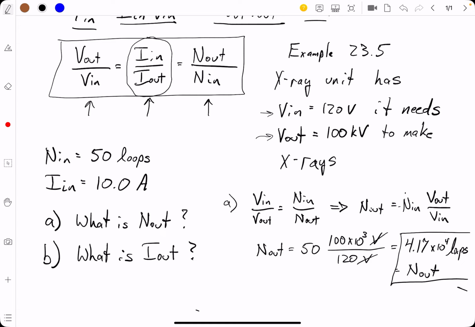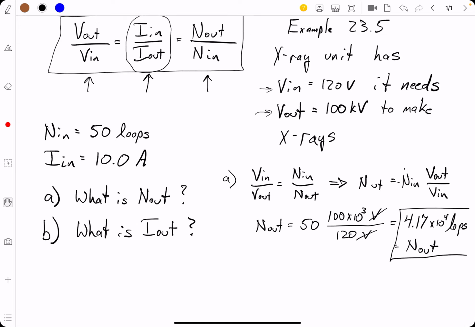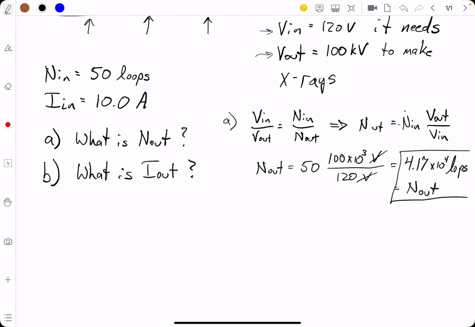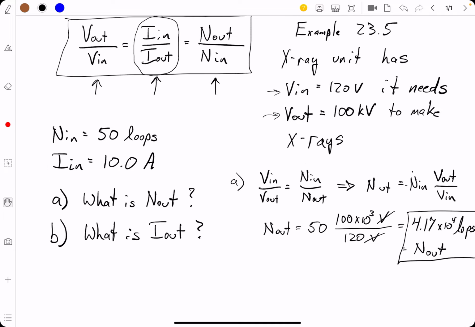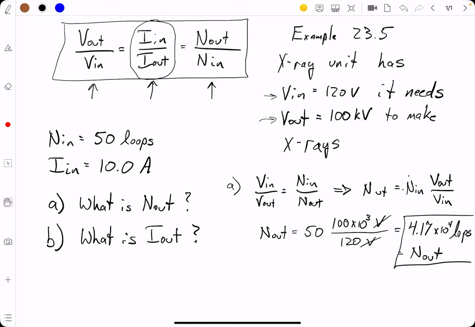Okay. So B, what is I out? Well, we kind of want to write down the equation, right? So, well, let's not reinvent the wheel. We want to solve this equation for I out. We put I out up on the top.